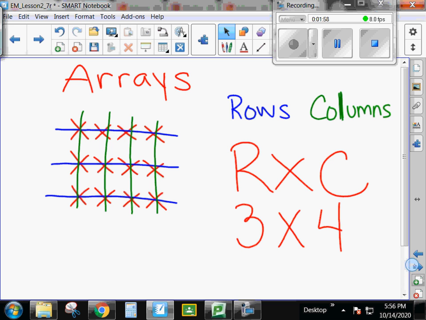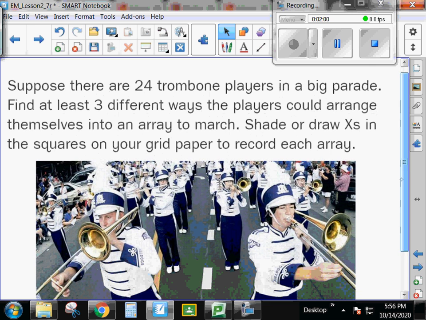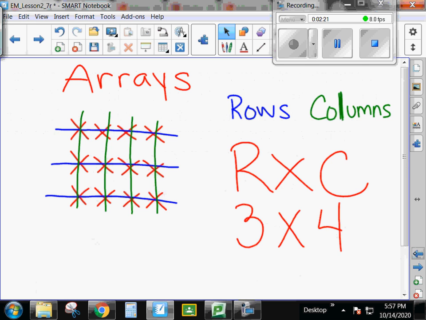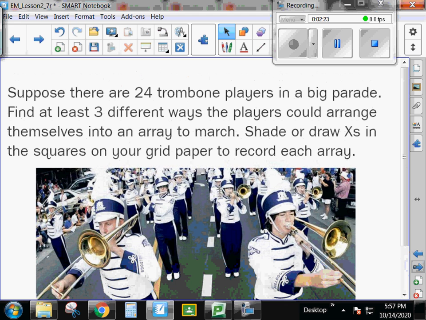All right, so let's look at this problem. Now, at school, I usually give you a piece of grid paper. It's got a bunch of little squares on it that you can shade in or put in X's. You probably don't have that at home if you're working from home. So just go ahead and have a blank piece of paper or even your whiteboard, and you can just make little X's on there, just like I did with my array, to draw out your arrays.